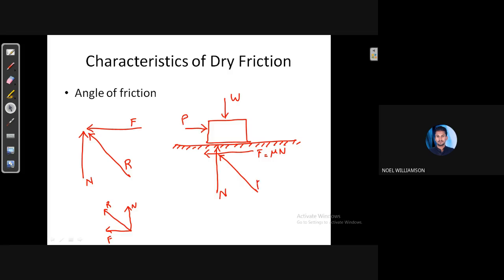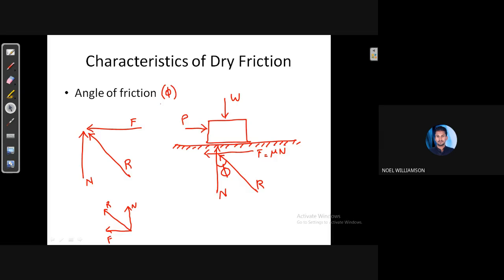The direction of the resultant of the frictional force and the normal can be represented by this line. The angle between the resultant and the normal, let it be phi. Then this angle phi is the angle of friction.